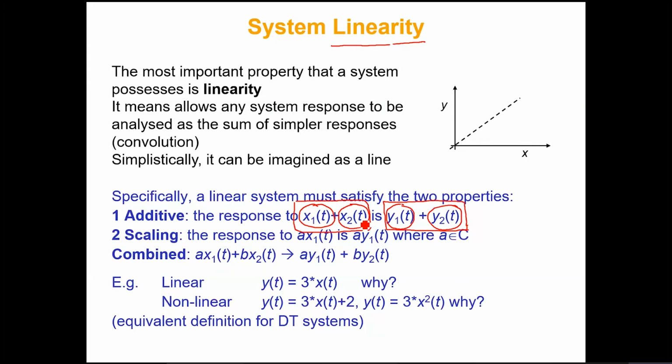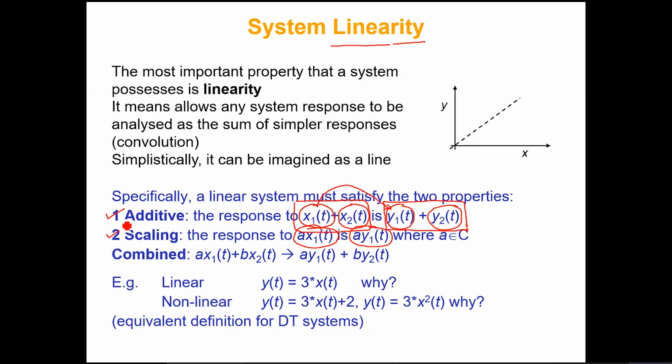Actually it has two parts. The property where we can add two signals and the output is the addition of their individual outputs is the additive part of a linear system. Similarly, we have a scaling part. If x1 was giving you y1, then a times x1, a scaled version of x1, would give you a times y1.